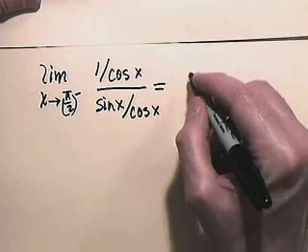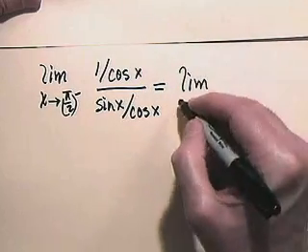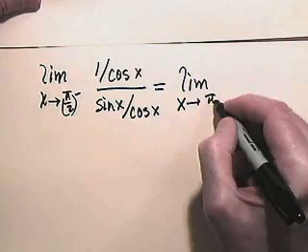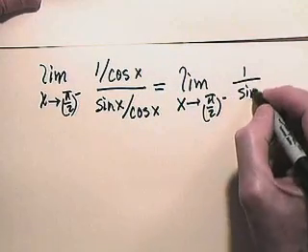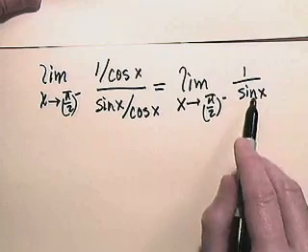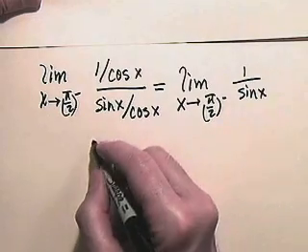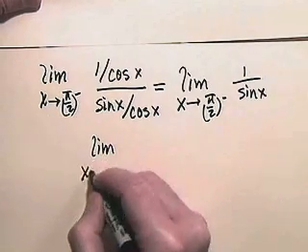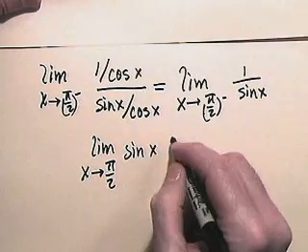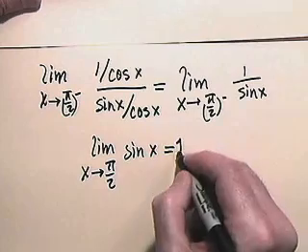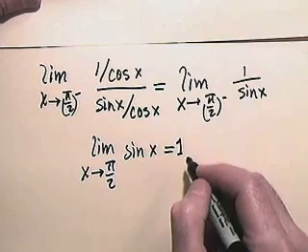And so what I'm getting is simply the limit as x approaches pi over 2 from the left side of 1 over sine x. But, in fact, the limit as x approaches pi over 2 of sine x exists and equals 1, namely sine pi over 2.